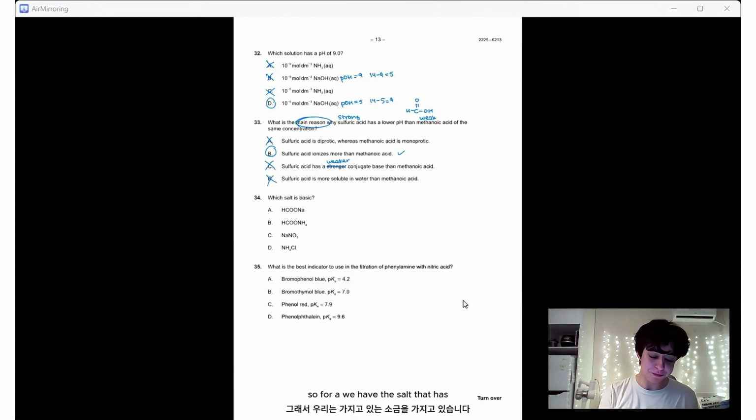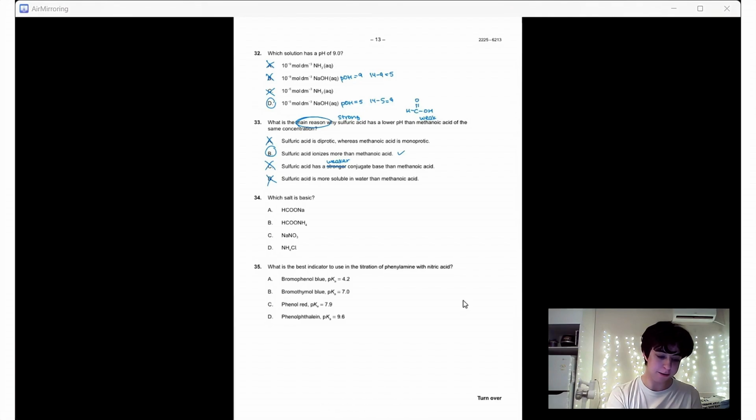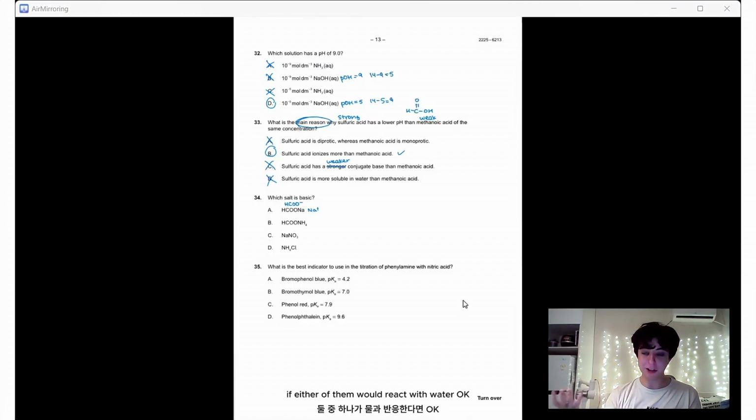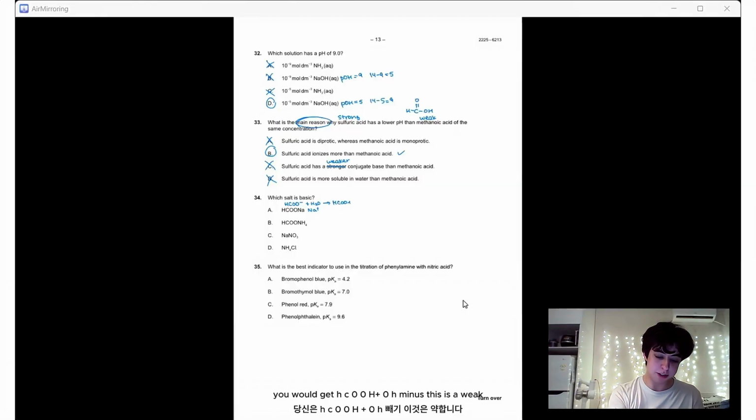For A, we have a salt, and you need to identify the anion and the cation. Your anion is HCOO minus, your cation is Na plus. You're going to see if either of them would react with water. If you react your anion with water, you would get HCOOH plus OH minus.